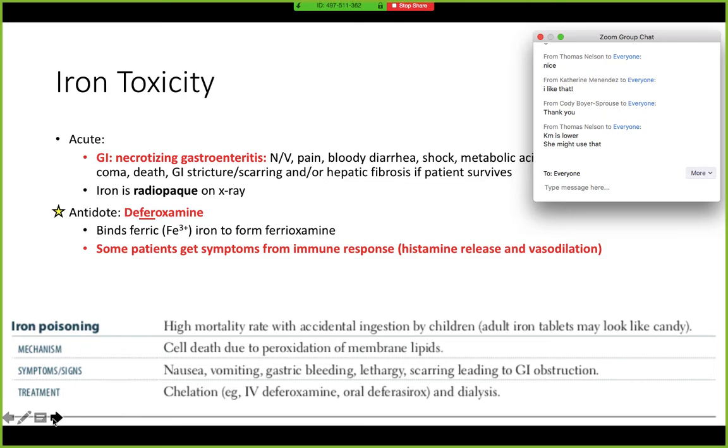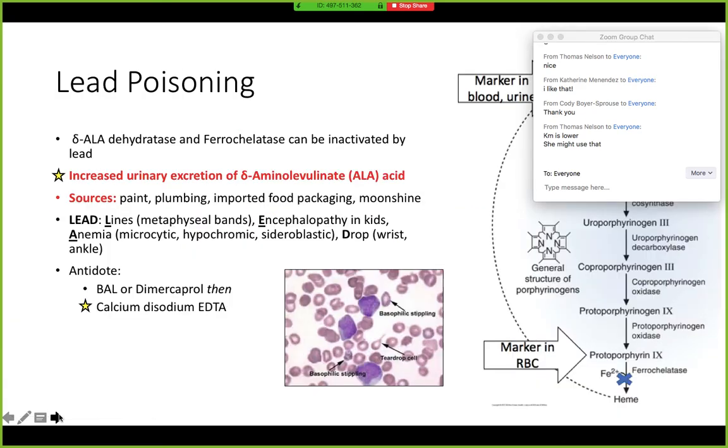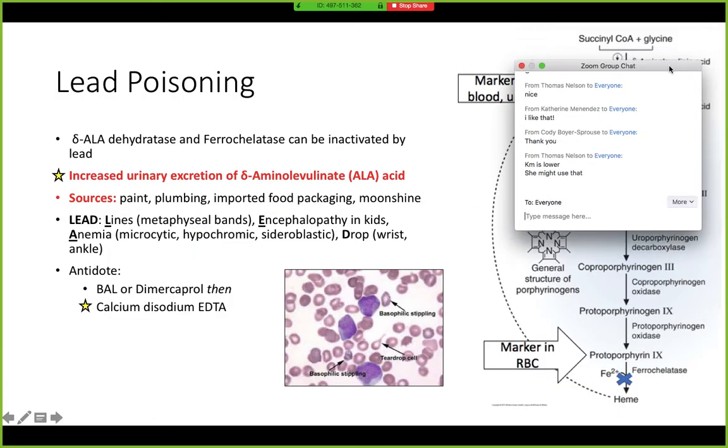I did a little bit of reading, and a common presentation of this in the ER is young kids who get into a pill bottle with iron pills, and then you see the radio opaque iron tablets on X-ray. There were a lot of pediatric journal articles related to that.